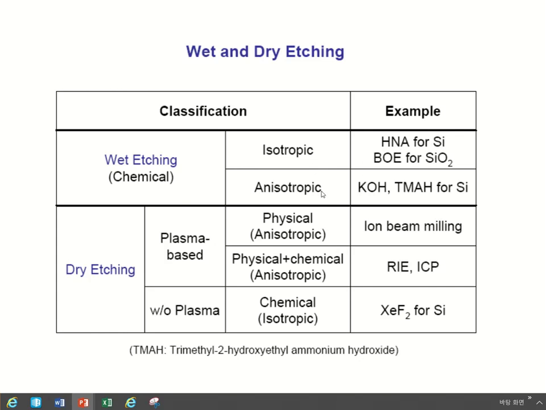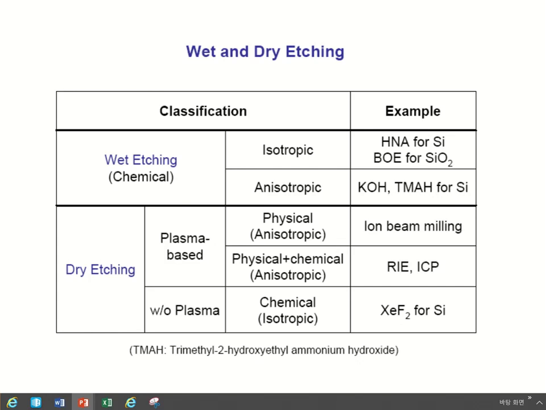If you want to have an anisotropic etching, KOH and TMAH are good for silicon. Okay, so KOH or TMAH is popular for backside etching, to have an anisotropic etching to make an opening to the other side of the wafer.